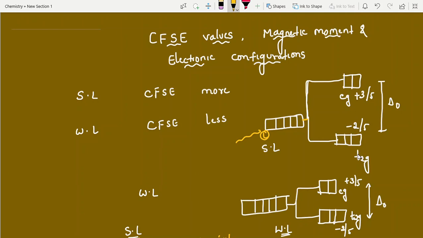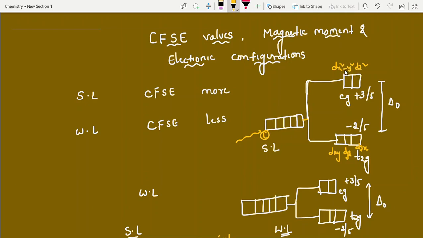Why is this lower energy, students? In octahedral splitting, the ligand is approaching along the axis. That's the reason: the doublet eg is nothing but dx square minus y square and dz square, and the triplet t2g is nothing but dxy, dyz and dzx.